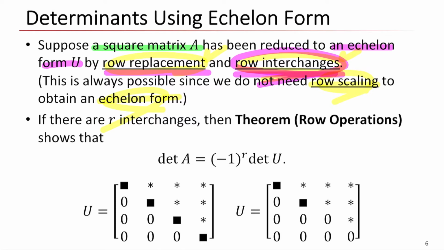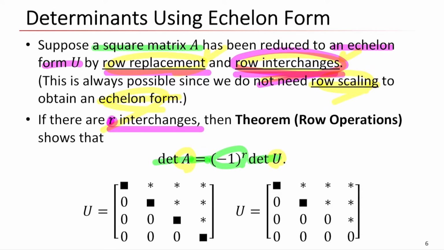So let's say there are 2 interchanges or 3 interchanges, then we can say that the determinant of the original matrix A is equal to negative 1 to the power r times the determinant of U. Okay, so in other words, let's say we have a matrix A, then by applying the row reduction algorithm, we finally get this echelon form matrix U.